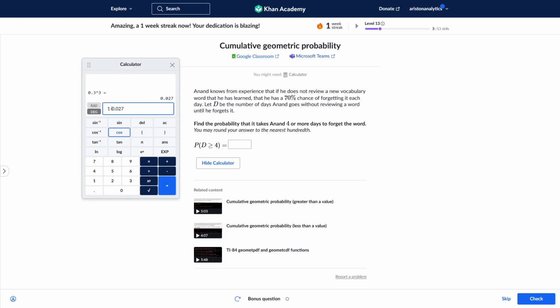Wait. Find the probability that it takes Anand 4 or more days to forget the word.